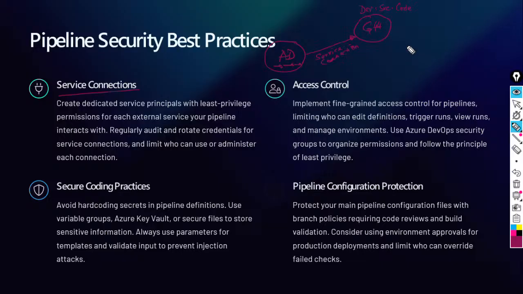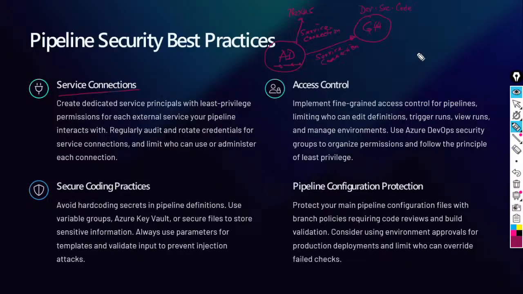It can be Docker Hub. It can be any other external tool, like Nexus for the repository. Instead of using the Azure repository, you can use Nexus. So there will be a service connection with the pipeline to integrate with Nexus.